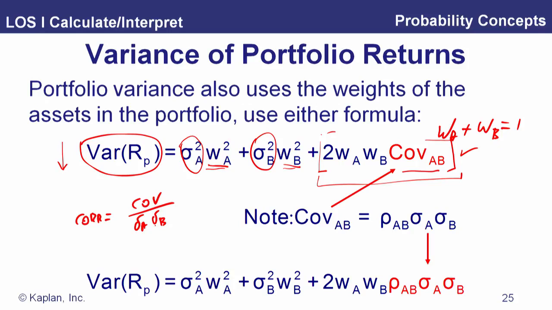Well, if we just multiply both sides of this equation by sigma A, sigma B, this cancels out. We get sigma A, sigma B over here. And so that's why we can substitute that in for the covariance right here, this term.